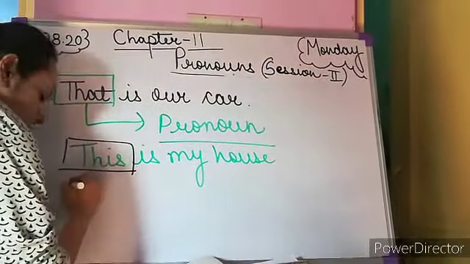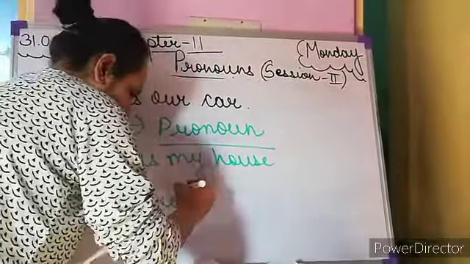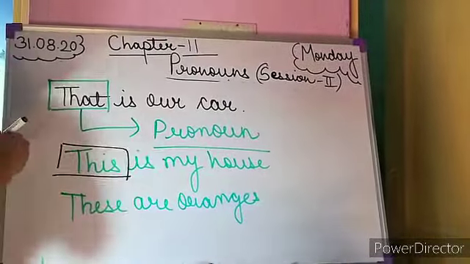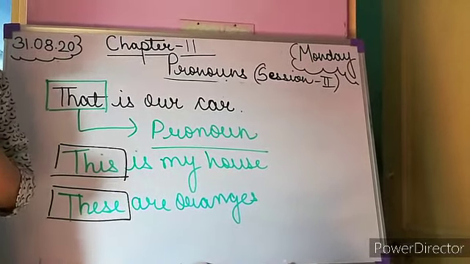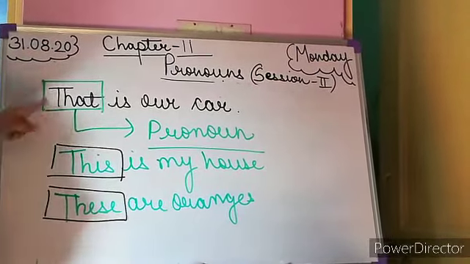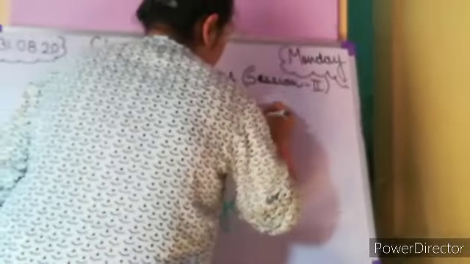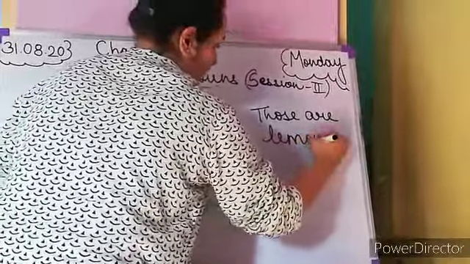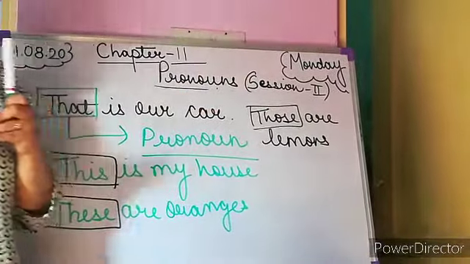Similarly, if I say, these are oranges, these is again a demonstrative pronoun. Children, there are 4 demonstrative pronouns: this, that, these and those. So let's say, those are lemons.